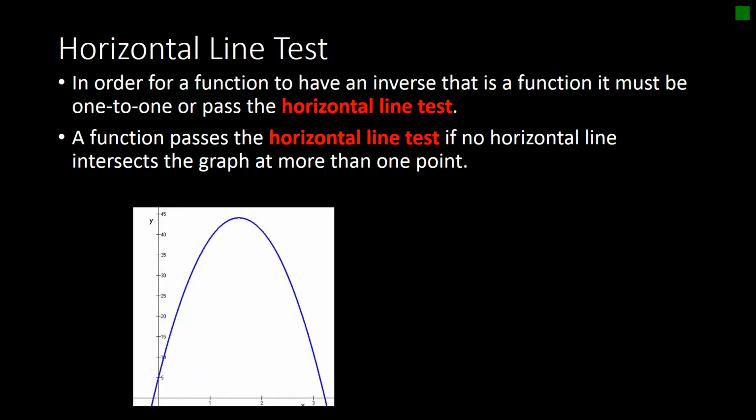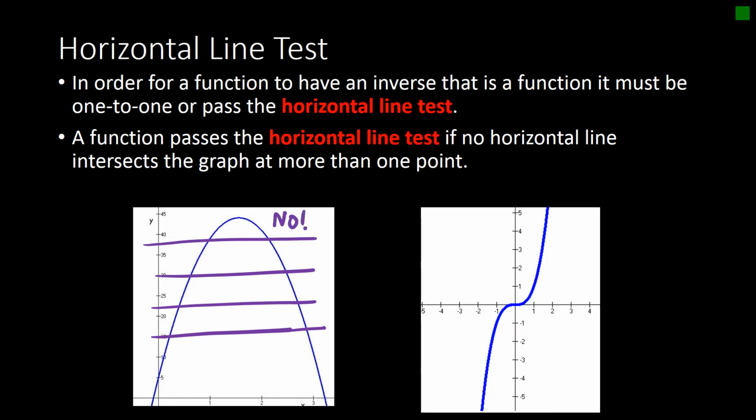Let's look at an example here. This is the graph of a parabola that's pointing downward. If I draw a series of horizontal lines, notice that on that particular graph, these horizontal lines touch the graph in more than one spot. So, does this function have an inverse function?